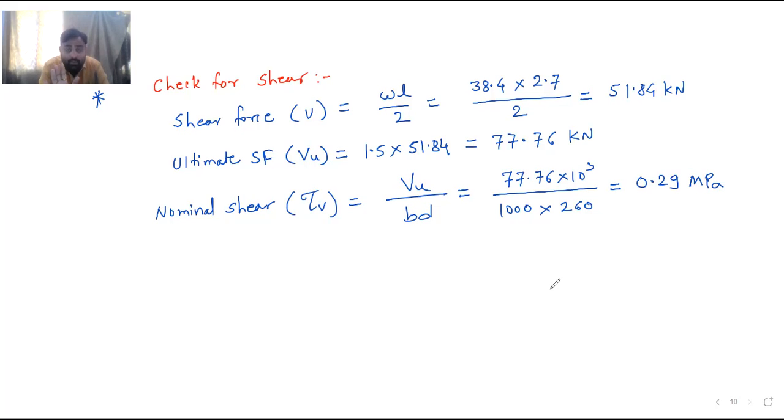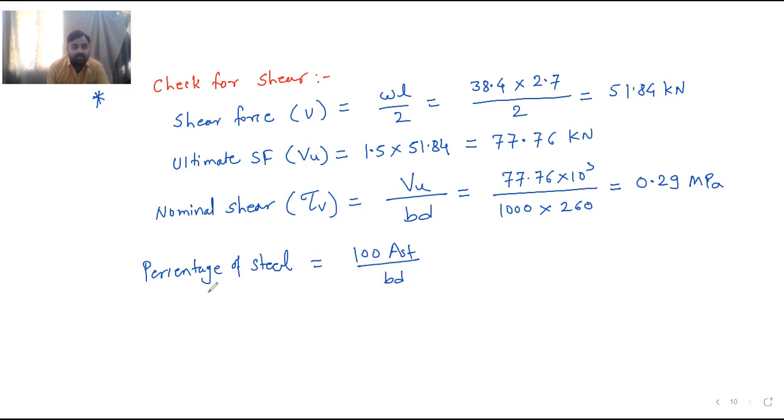Now we need to calculate what the IS code says. What is the permissible shear? To calculate the permissible shear, we require the percentage of steel. So first of all, calculate the percentage of steel. The formula is 100 AST upon BD.